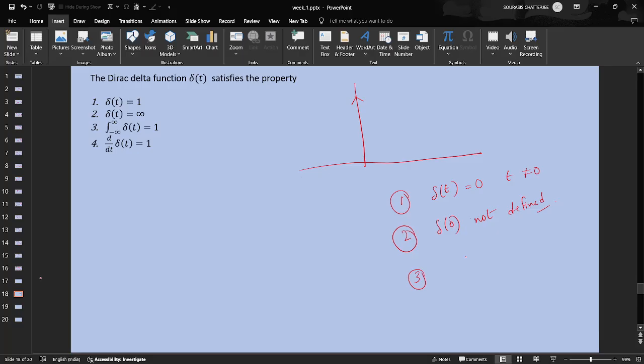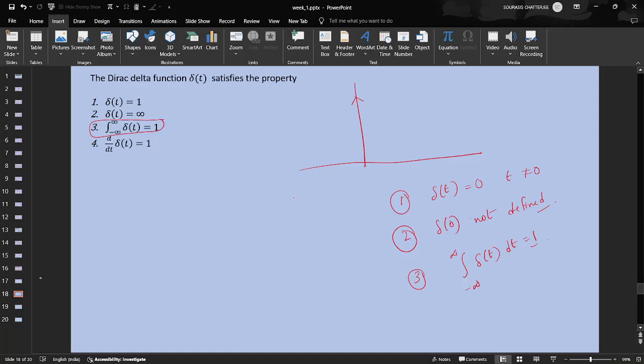And the third one is that the integral of the Dirac delta over the entire interval turns out to be 1. So among these answers, the third one is the correct one we are looking for.